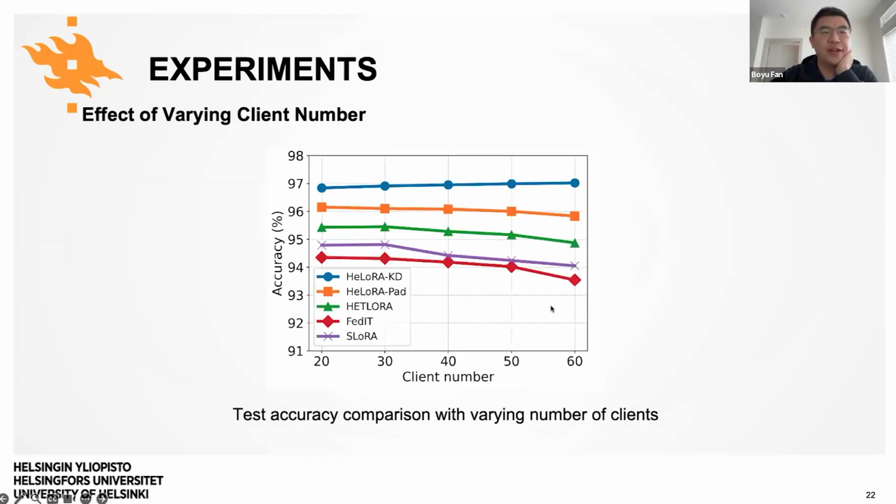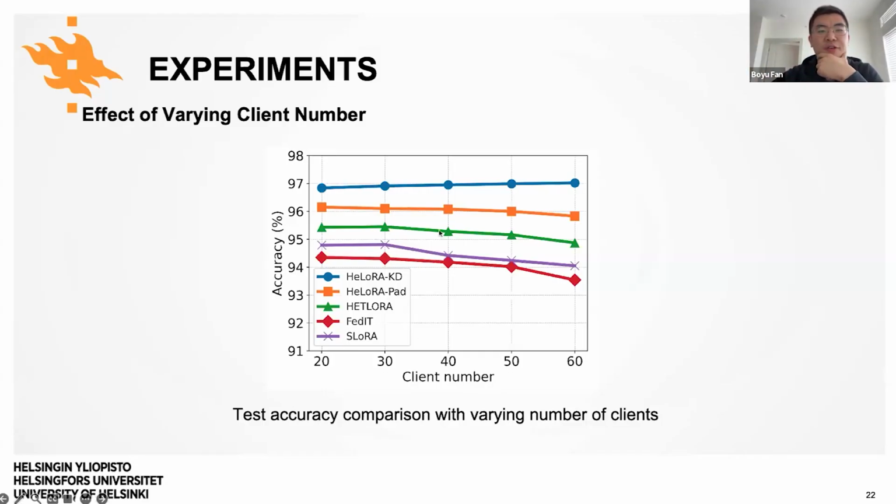We also verify different client numbers from 20 to 60. You can check from this figure that our HeLoRa KD more or less remains the same. But HeLoRa pad just drops, because maybe if the heterogeneity is much bigger, the padding will not work as well.